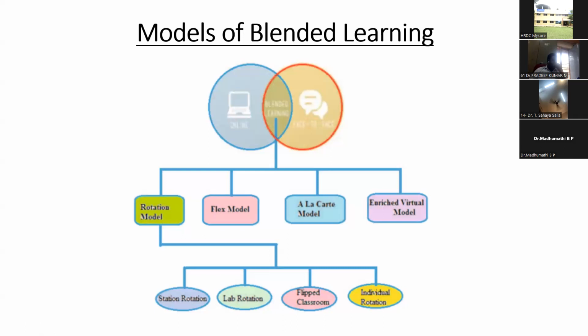It is a virtual model, so everything will be online. Might be in future it will be taken over by AI also. The enriched virtual model might differ from the flipped classroom because it is only with virtual programs. Students might meet face to face with their teachers, but it is fully online.